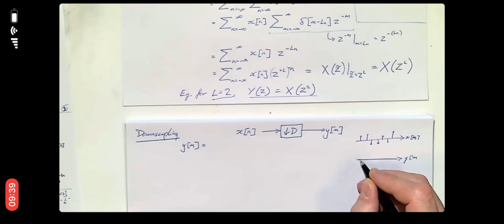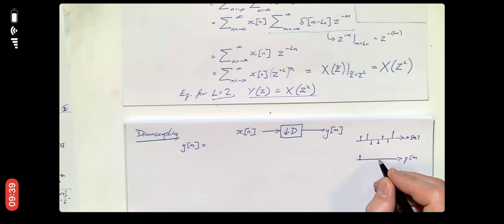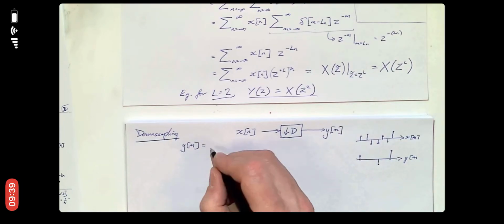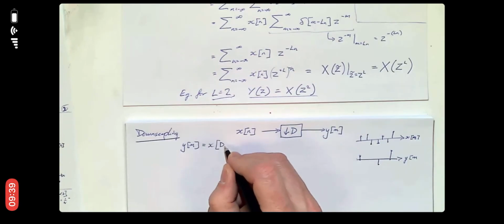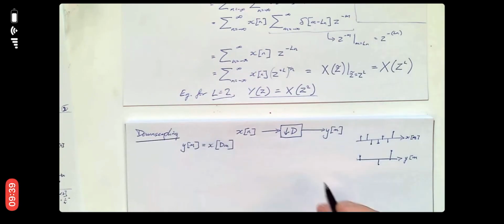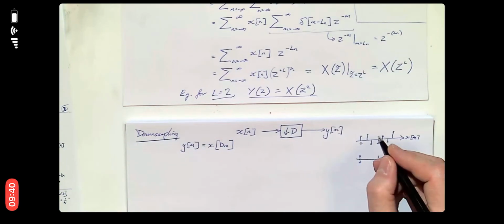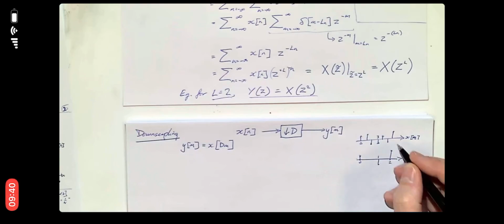Suppose we're downsampling by 3, we take this one, take this one, take that one. So we only take every third sample. So y of m is x of dm. So for the 0th one we take 0, for the first one we take the 3rd, for the second one we take the 6th, and so on.